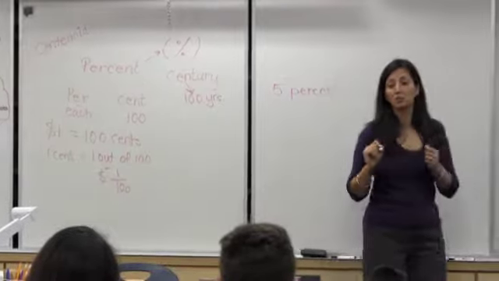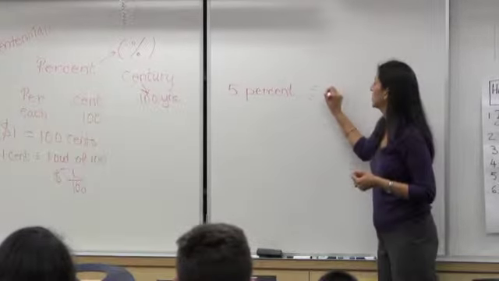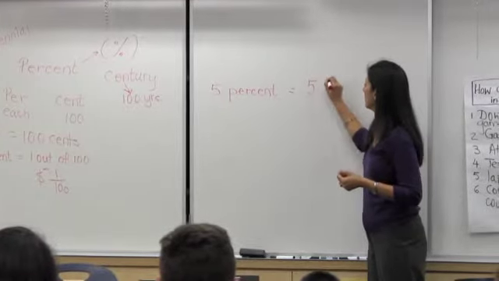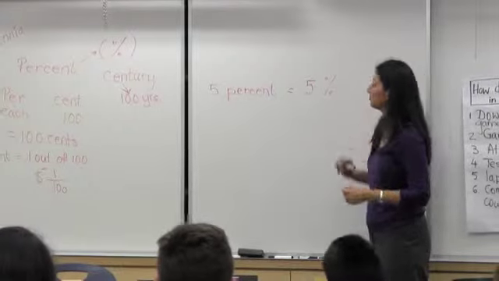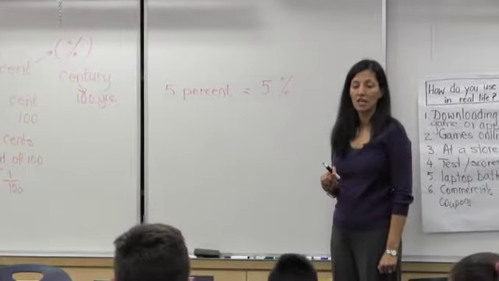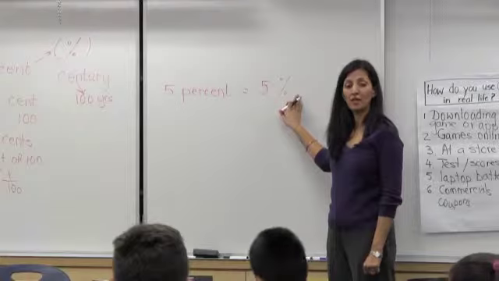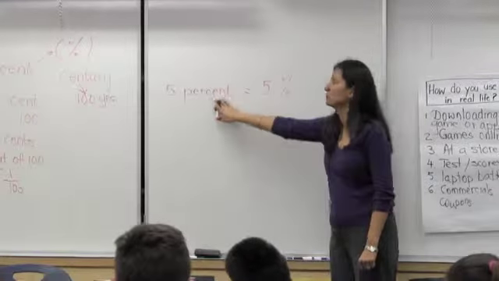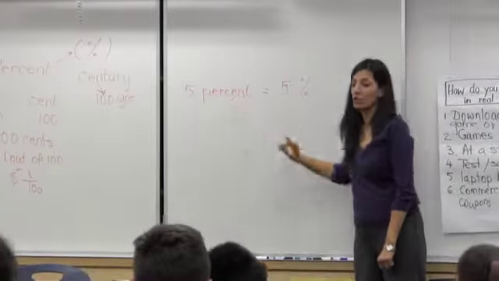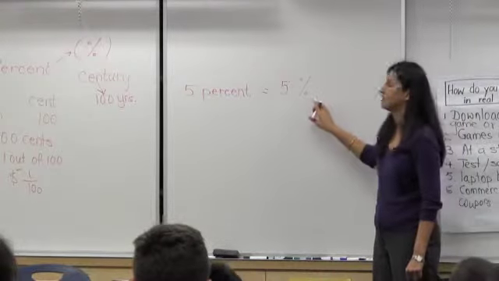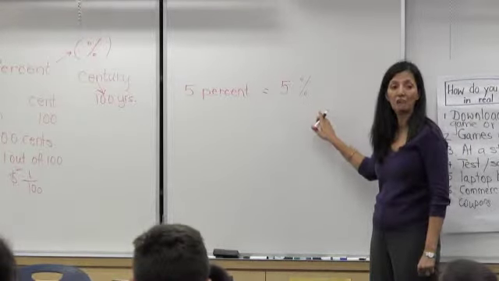If I don't want to write the word percent, I can write 5 and just use the symbol for the word percent. If I take the symbol away, I will have to put back the word percent, or 5% means 5 out of 100.